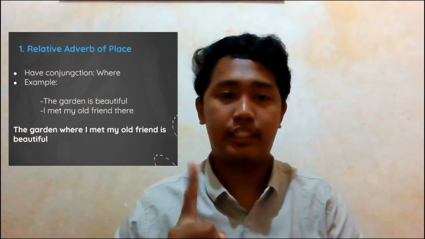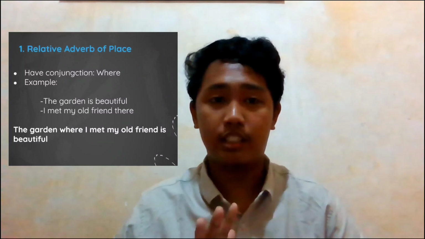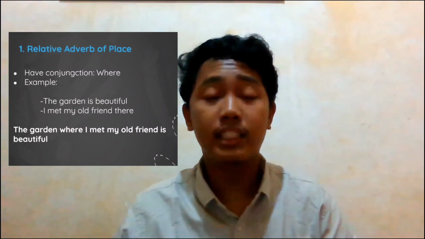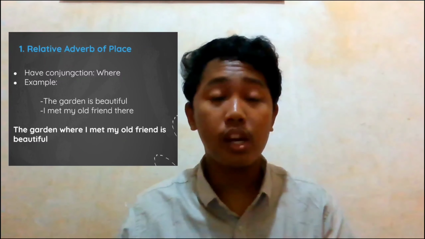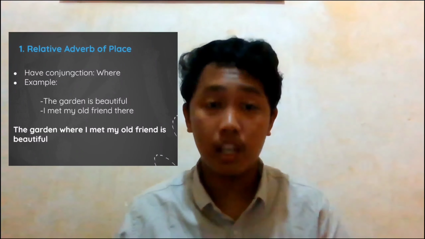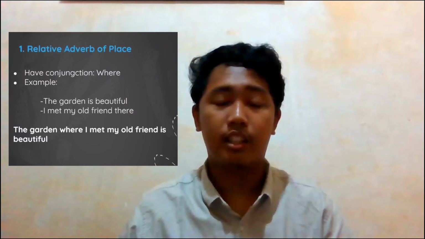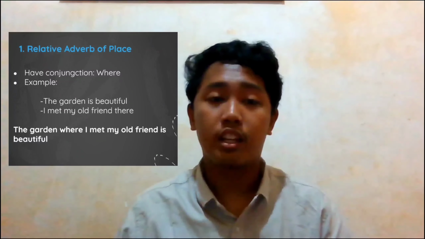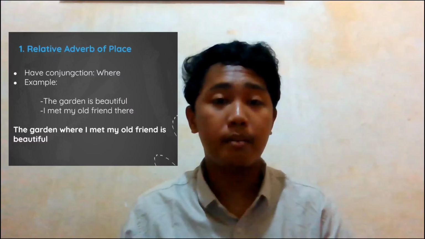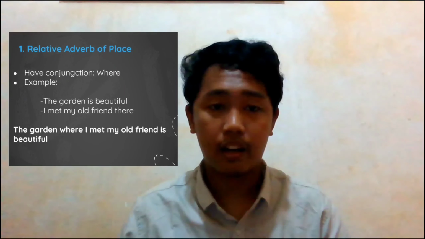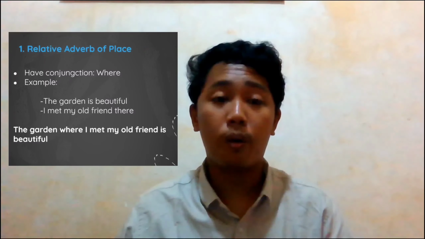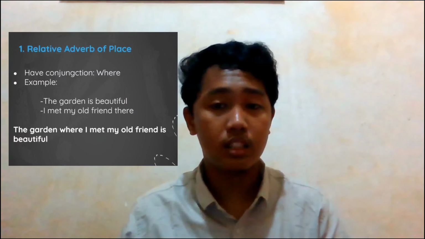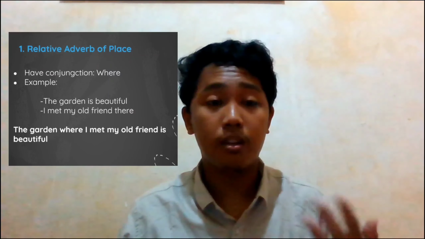Okay, first, relative adverb of place. In relative adverb of place, we use the conjunction where. Where describes a place. For example, first clause: the garden is beautiful. Second clause: I met my old friend there. To combine these two clauses, we must find the words that describe the place.